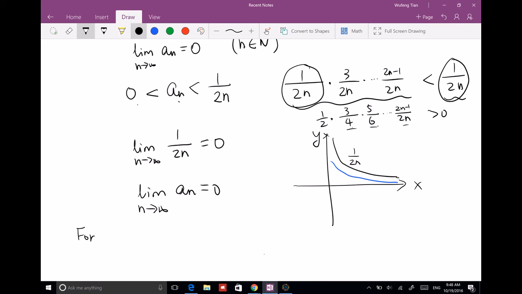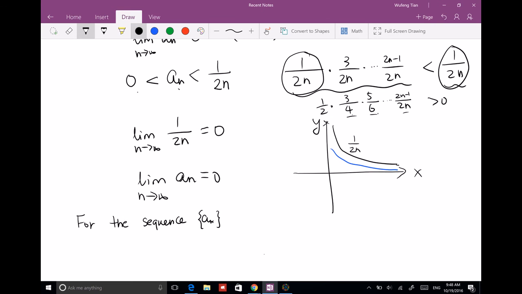Okay. So next one, for the sequence a_n, if the limit as n goes to infinity of the absolute value of a_n equals 0, then the limit as n goes to infinity of a_n will equal 0.